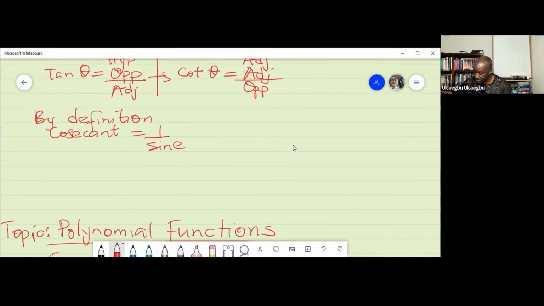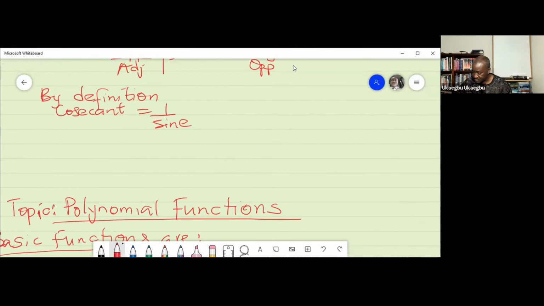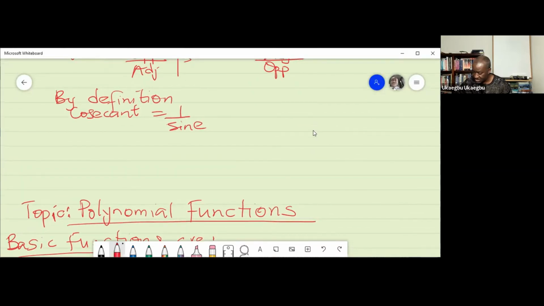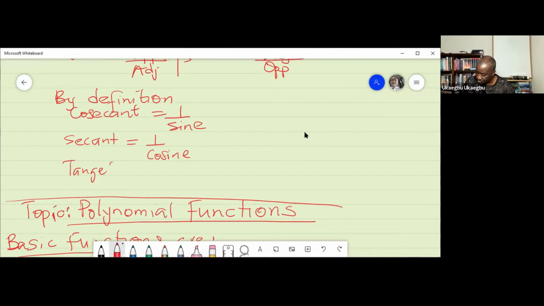Also by definition, secant is equal to 1 over cosine. And cotangent, not tangent, is 1 over tangent. So this is by definition; it means they are inverses of each other.